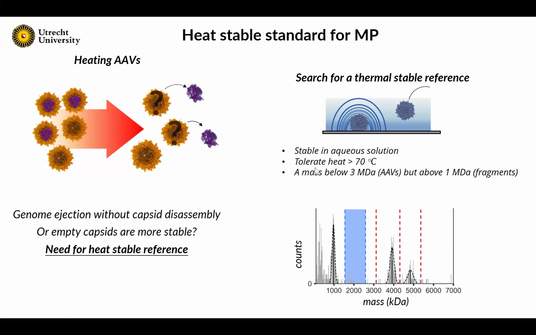It should also be able to tolerate high temperatures. And also important, the mass should fall into a range where it's not interfering with anything else that we measure, so for instance our AAVs, but also not the potentially released genomes and perhaps fragments of the capsid. So ideally that should be in a mass range around 2 megadalton.